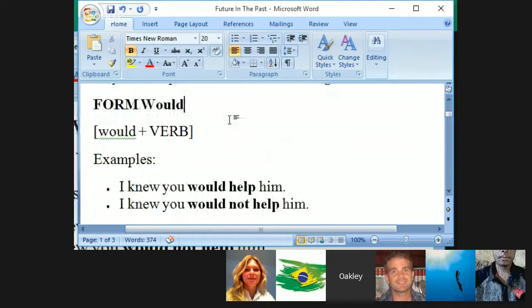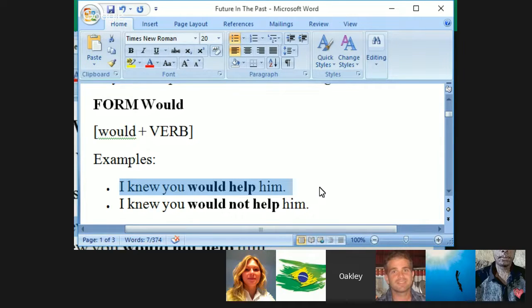Appreciate it. All right, let's look at the two forms and look at examples to start off with here. Okay, using would in the verb. For example, a straightforward statement: I knew you would help him. We're talking about past events we know about, so notice here that there are just two statements, a positive and a negative. I knew you would help him.